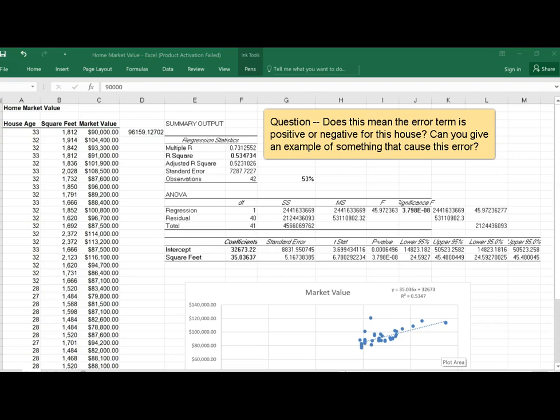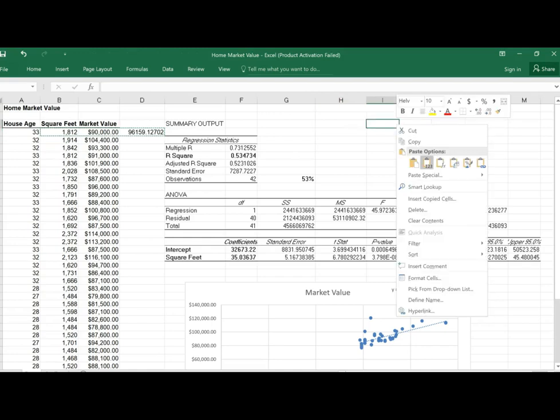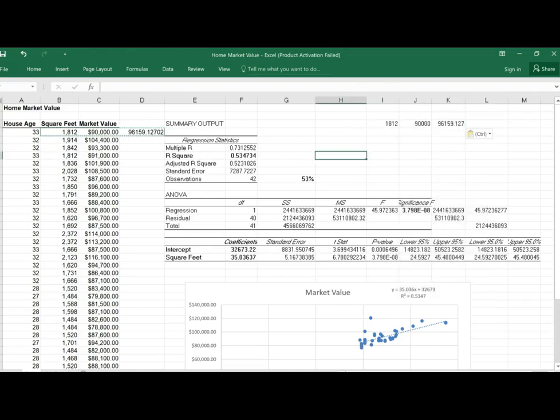There's one other thing that I want to do while I'm here. I've got the square feet, market value, and the estimated value. I want to paste those values so that I have those exact values.